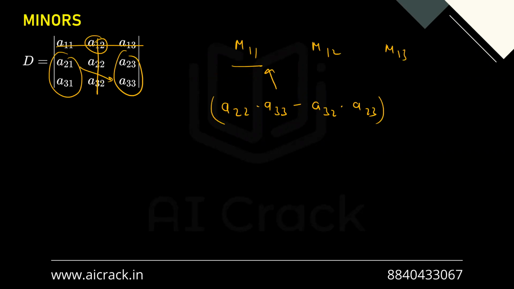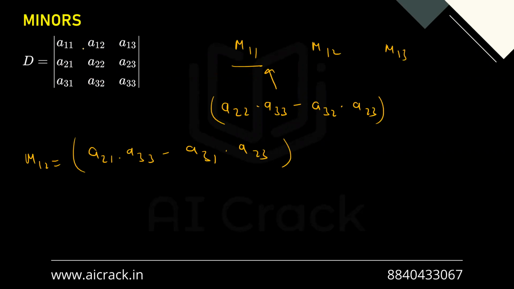That would give me A21 dot A33 minus A31 dot A23. So this is my M12. This was my M11. Similarly for A13, we'll cross out this row and column, and then use our 2 cross 2 determinant formula on the remaining determinant. So this is how minors are defined.